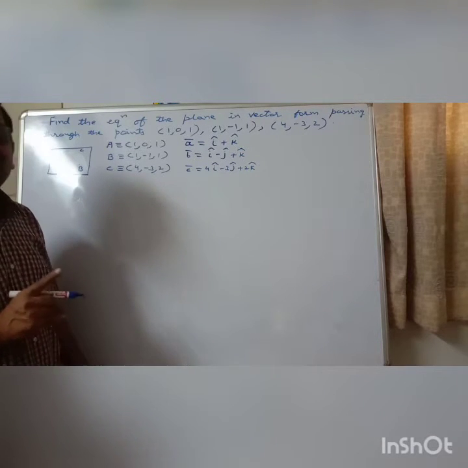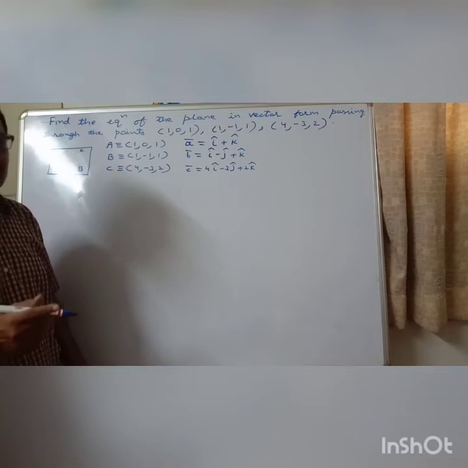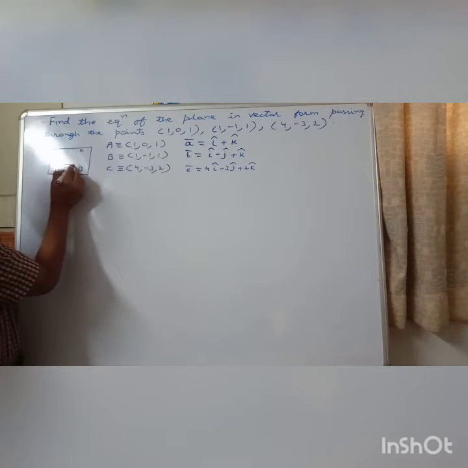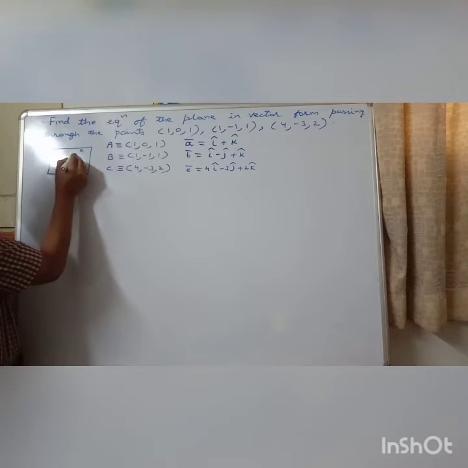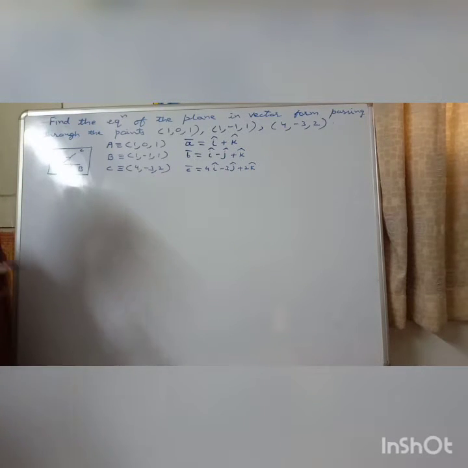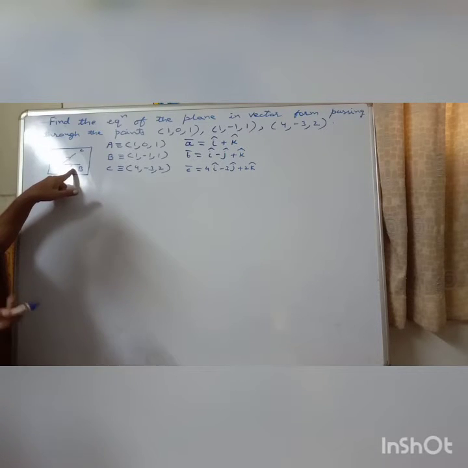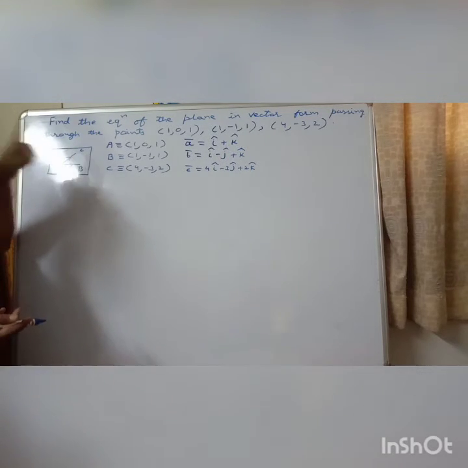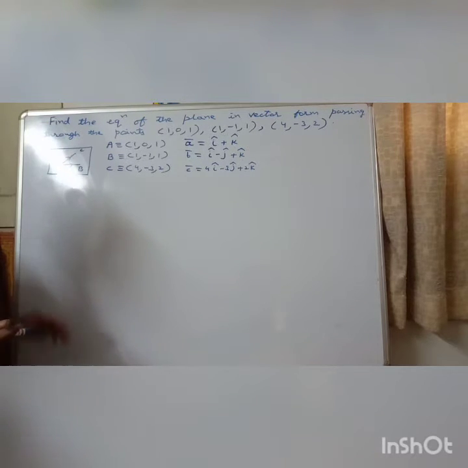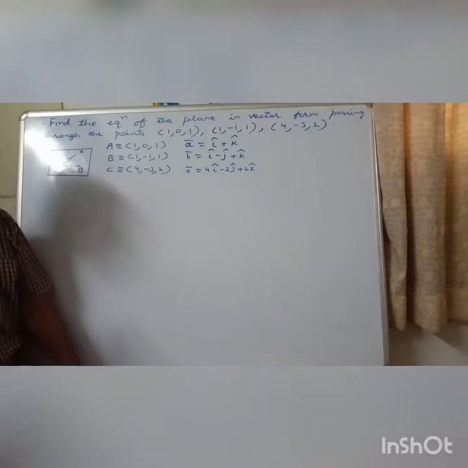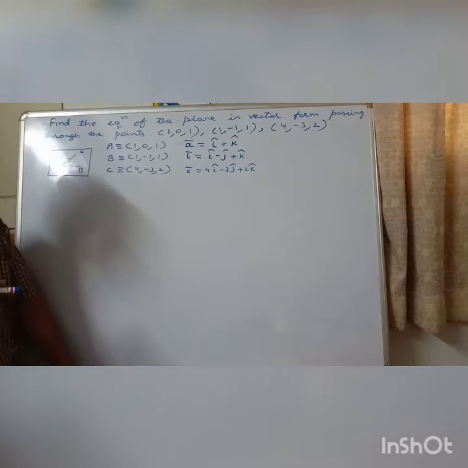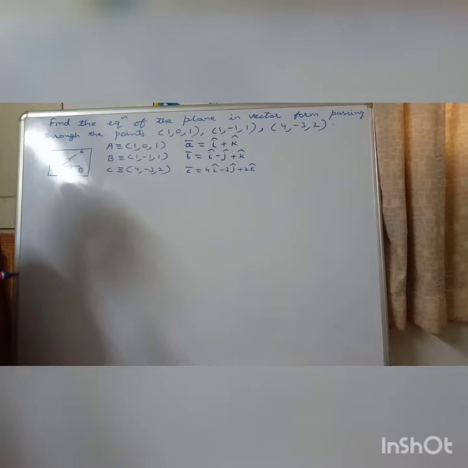What do we require? A vector perpendicular to the plane, which is normal to the plane. Join AB bar, join AC bar. As points A and B are in the plane, AB bar also lies in the same plane. A and C lie in the plane, so AC bar also lies in that plane. The cross product of two vectors is a vector quantity, and it is perpendicular to the plane of both those vectors.